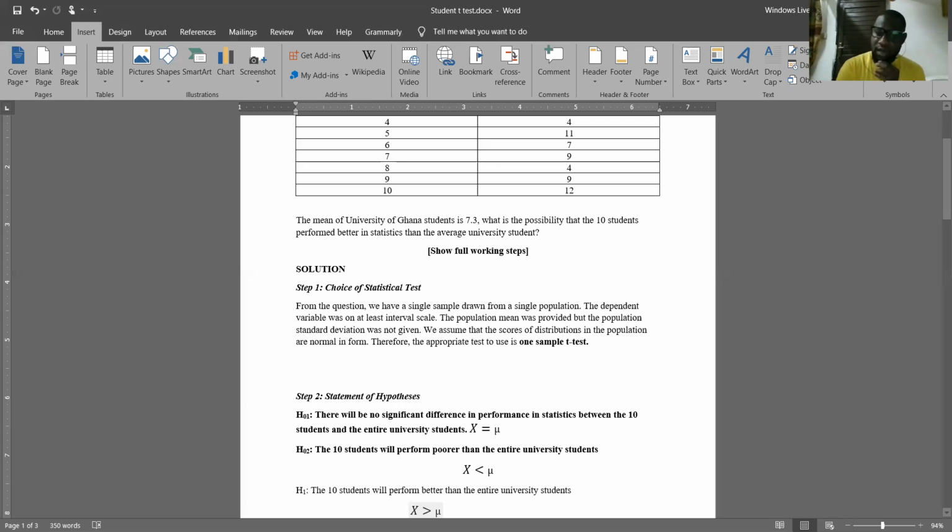So from this analogy, you could see that for the H1, we indicated the 10 students will perform better than the average university student. That's our H1. With our H0, we indicated the 10 students will perform poorer. So the poorer there is what? The direct opposite of better, or will perform worse.